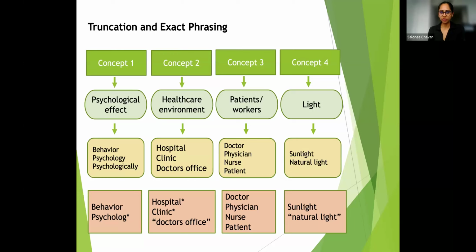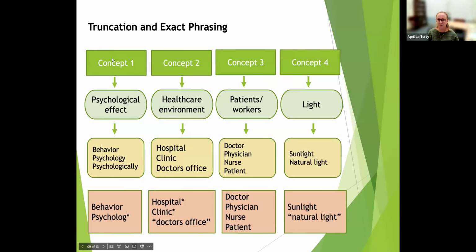Can you explain truncation one more time? Yes, so truncation is used when you have multiple variations of a word that could still be relevant to your results. So you'll notice here under concept 1, I have psychology and psychologically. And then in concept 2, we have hospital, but hospital could be hospitals, hospitalization.